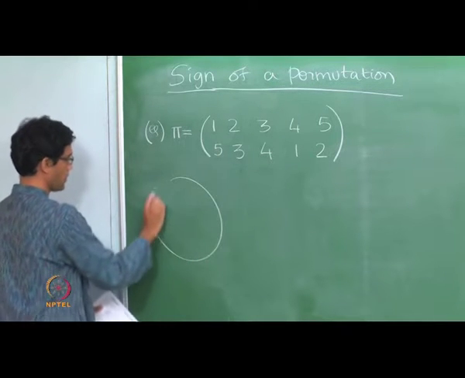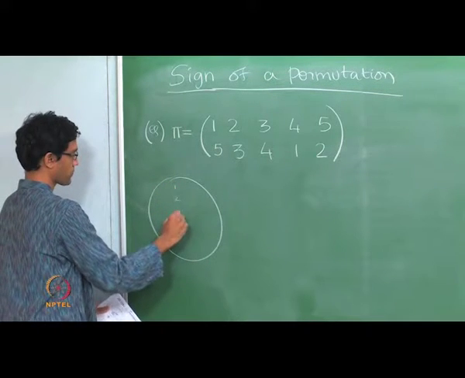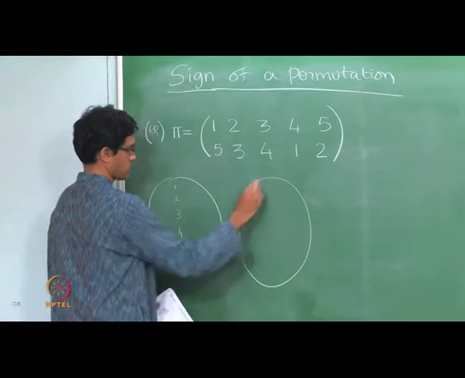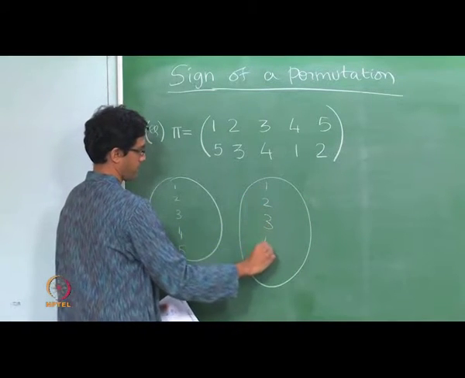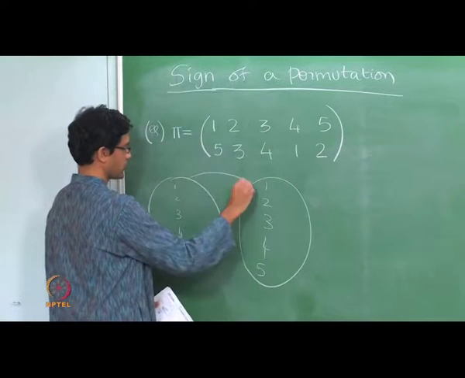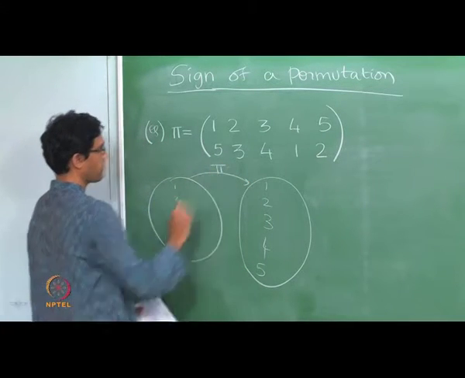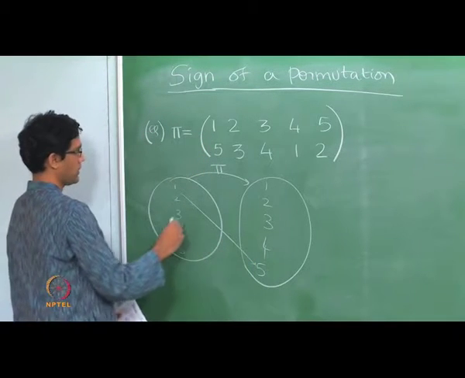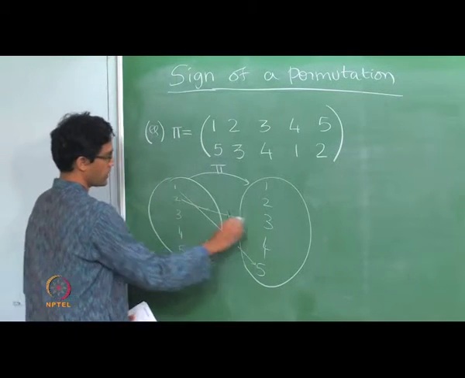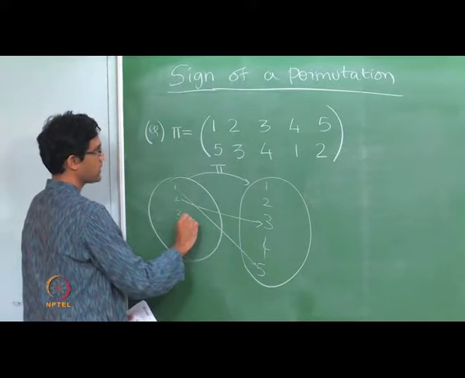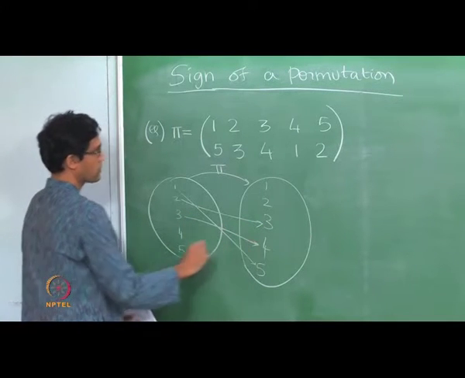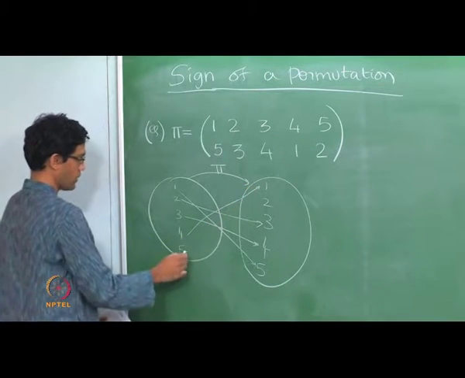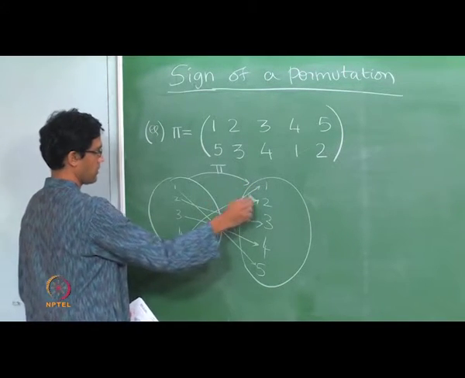Recall the function way of thinking about it. This function is usually also denoted by the same letter pi. So 1 goes to 5, pi of 2 is 3, and so on. Pi of 3 is 4, pi of 4 is 1, and pi of 5 is 2.